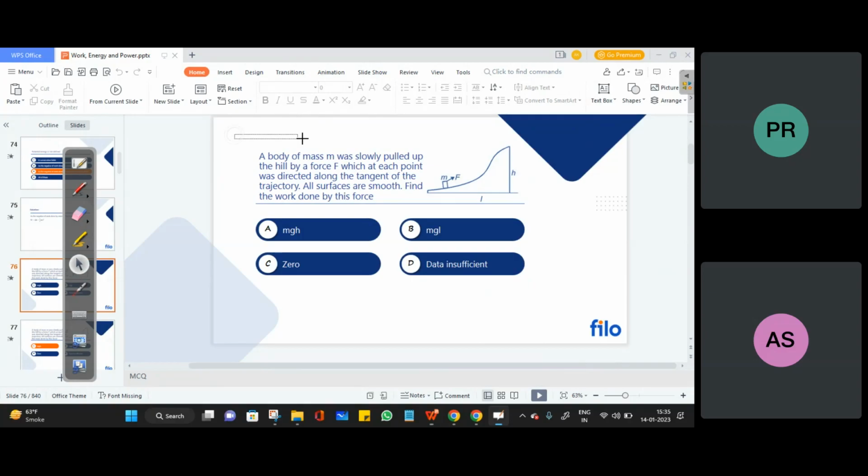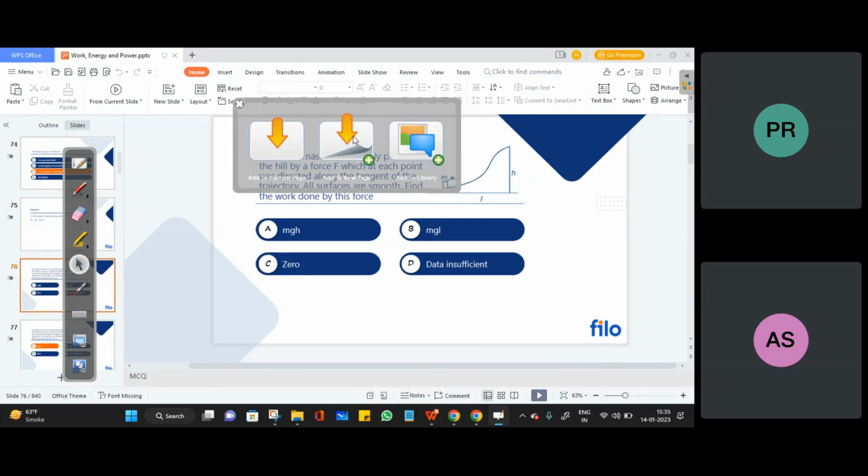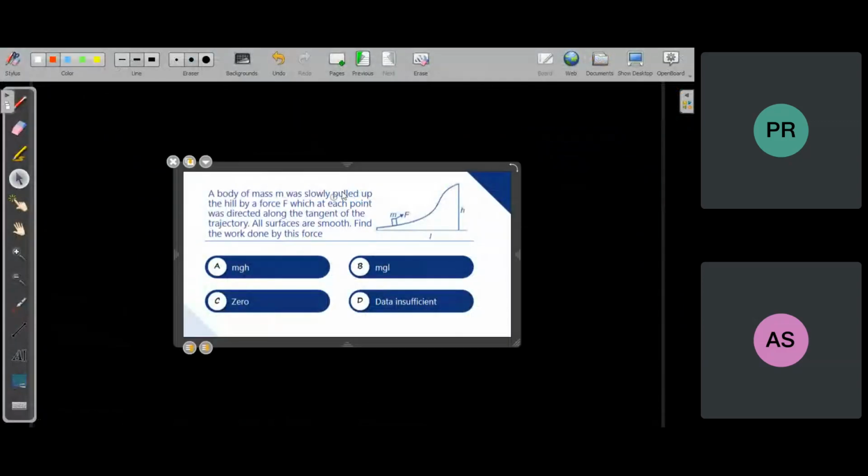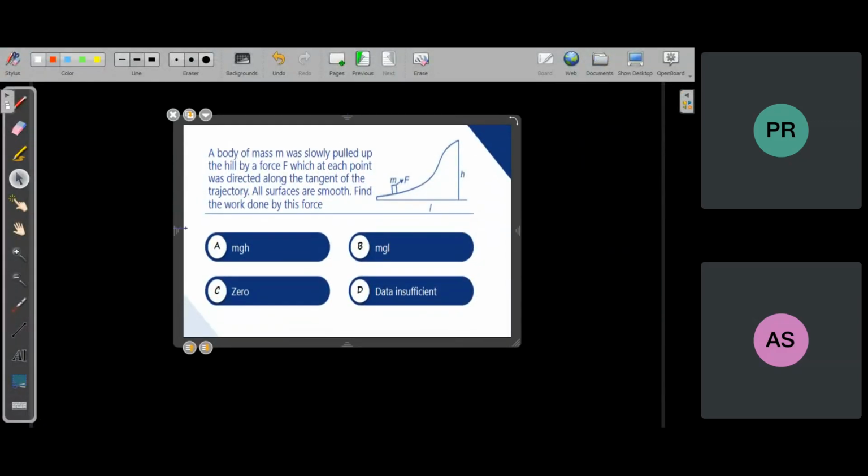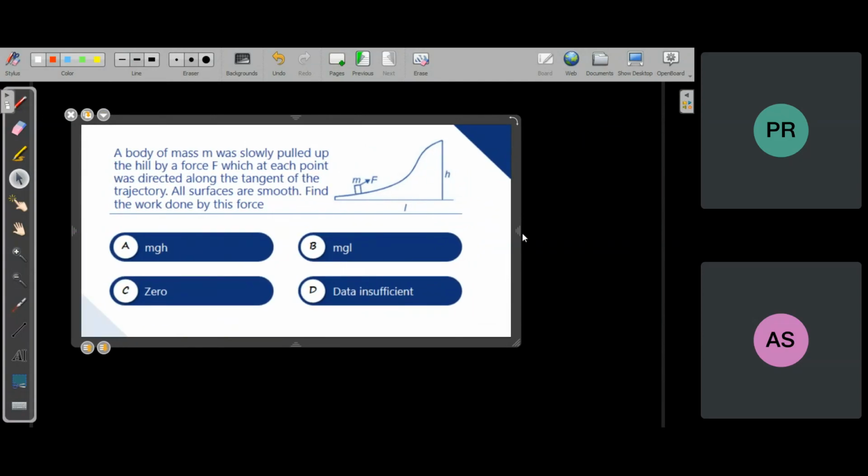Means a reference we will have to take somewhere. It depends upon the particular situation, so it changes from situation to situation.